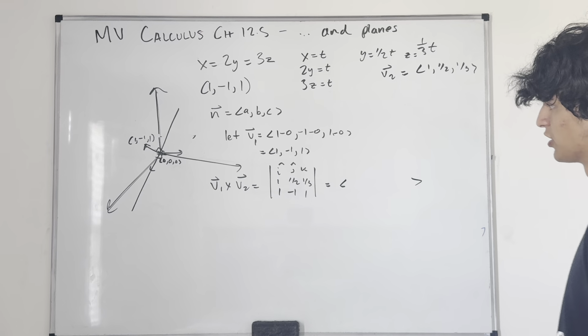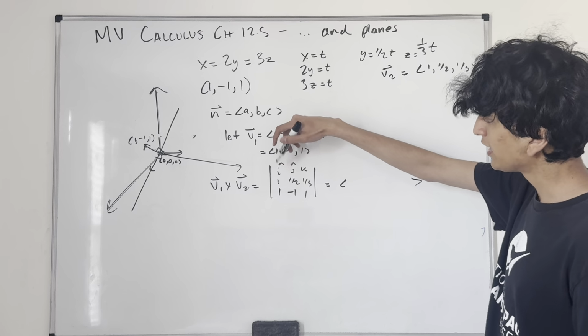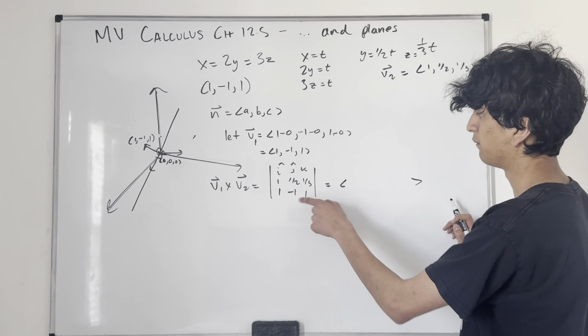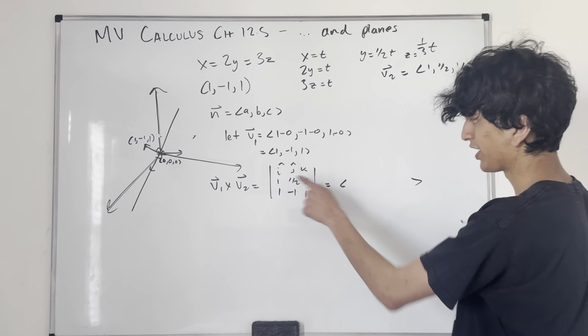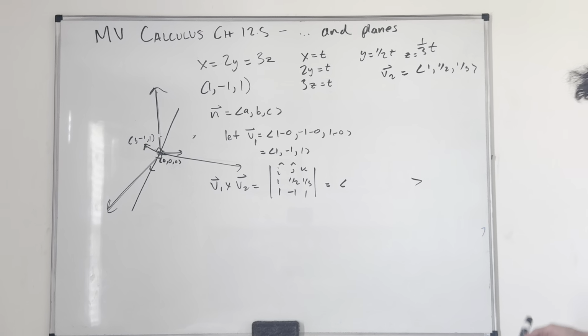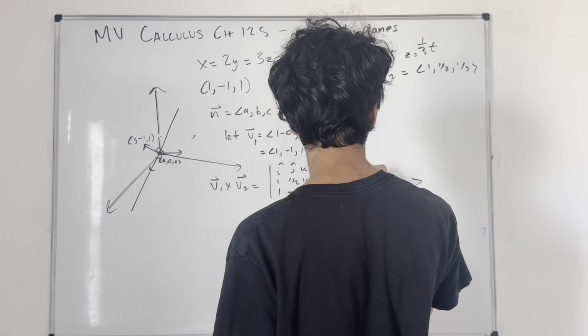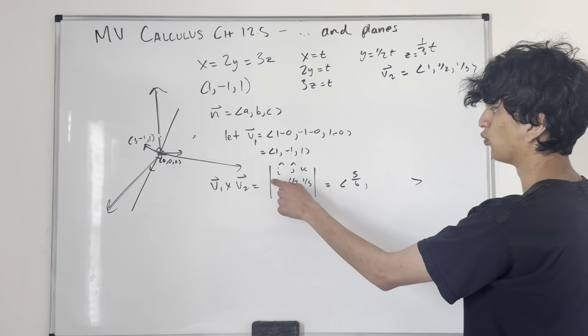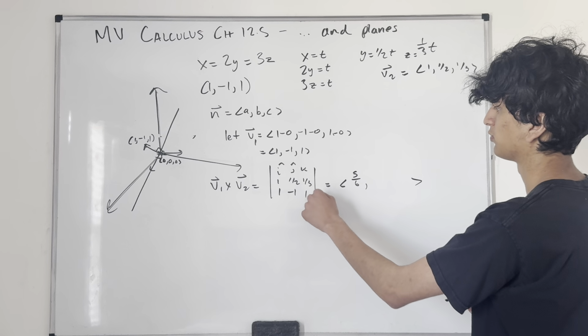For the i component, or the x component, it's 1/2 minus negative 1/3 when I'm taking my cross product. So that would be 5/6. For the j component, it's 1 times 1 minus 1 times 1/3.